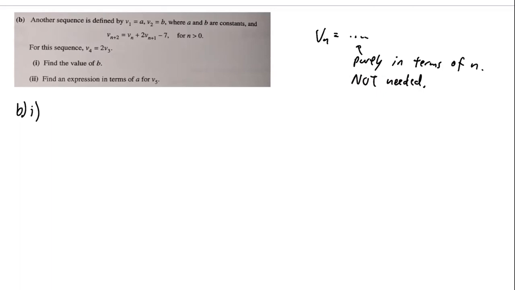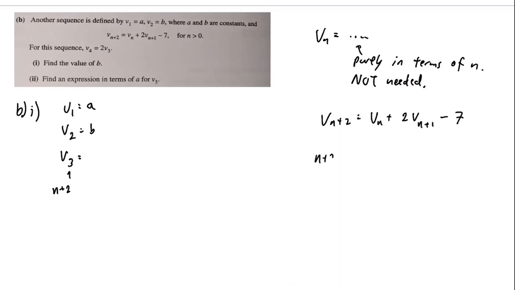What we know is that there's a v1, which is a, and there's a v2, which is b. So can we find out what's v3? Yes, we just need to use the formula here. What is v3? You treat this as your n plus 2. So v(n+2) equals v(n) plus 2 times v(n+1) minus 7.